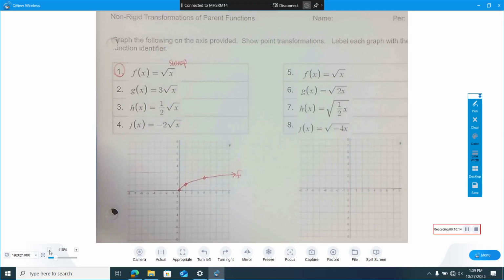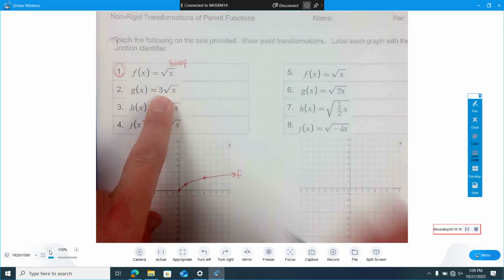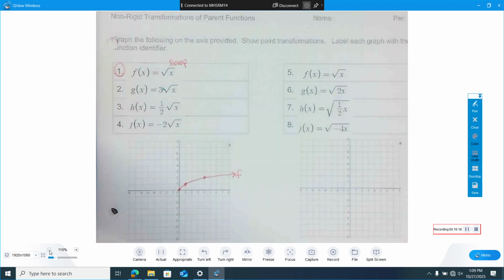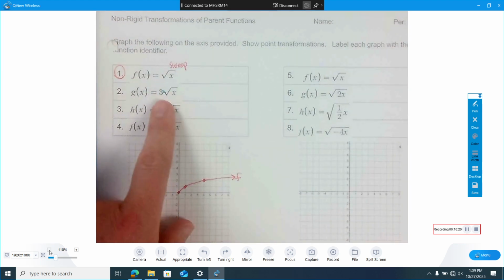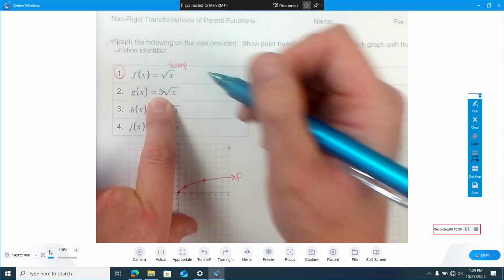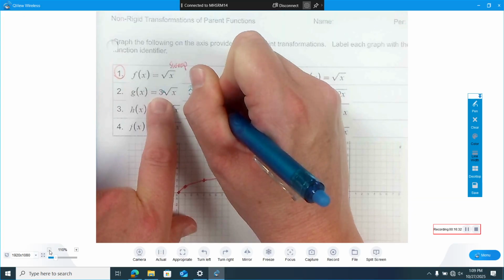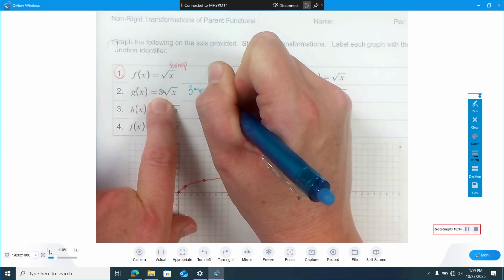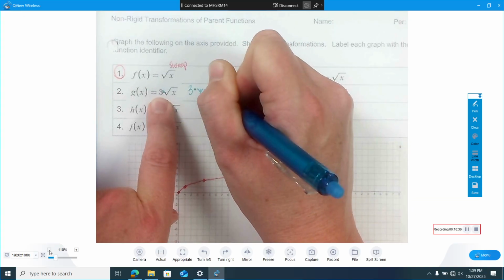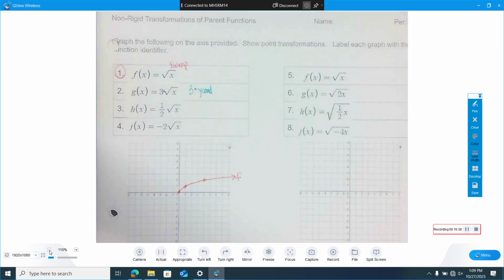Now I want to graph 3 times my function. What is going to happen when I have that number outside of our function? Does it affect the x-coordinates or the y-coordinates? The y-coordinates, because it's on the outside. This is going to be 3 times each y-coordinate, every single y-coordinate.